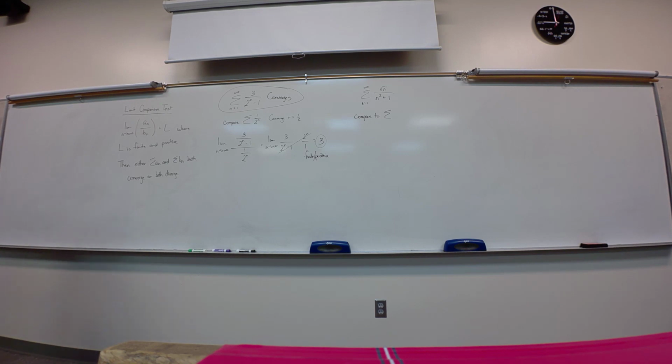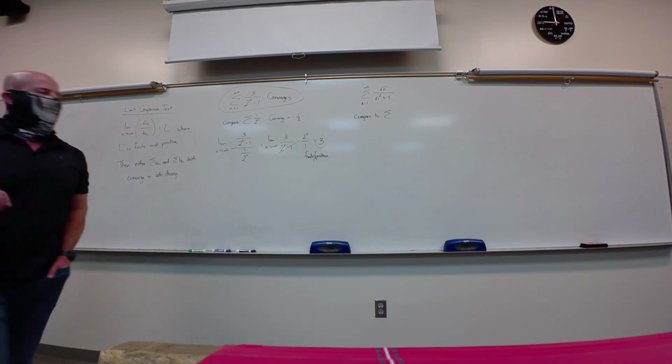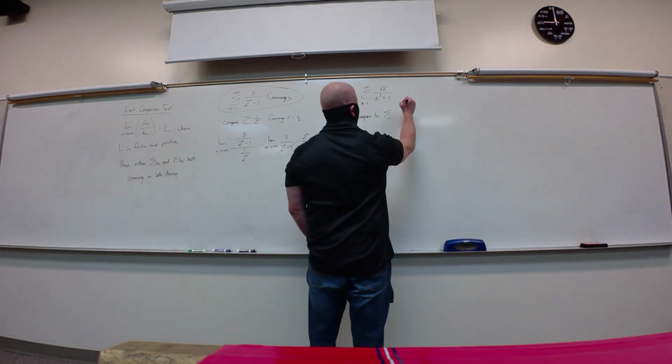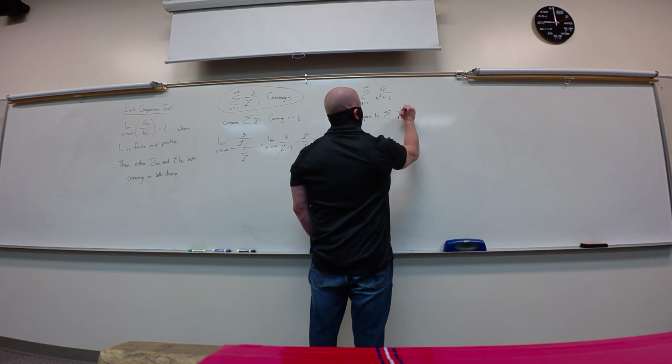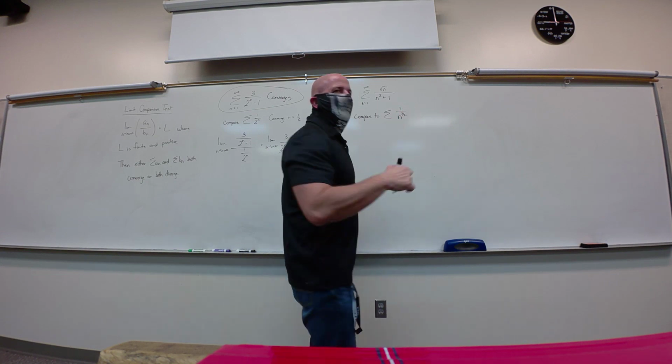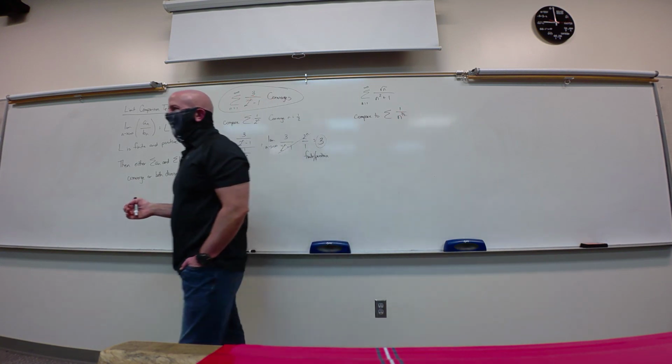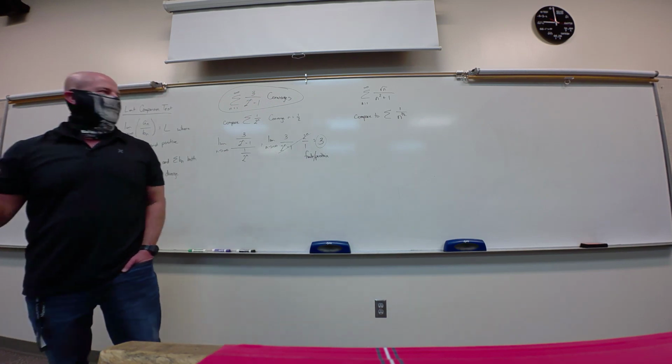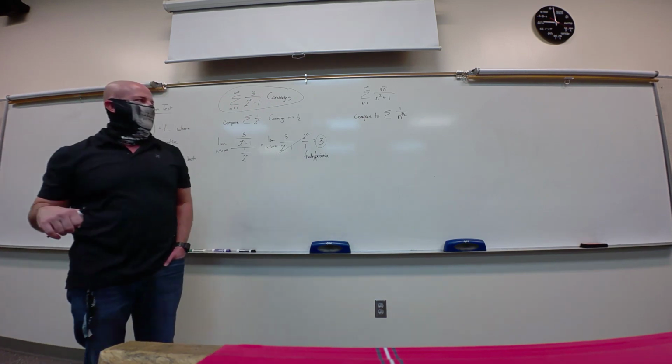Close. Not 5 halves. 3 halves, because we're going to take a half away. 1 over n to the 3 halves. There we go. So that plus 1 isn't going to change what we're doing. I got a half on top, 2 on the bottom. I can reduce it to 1 over n to the 3 halves.